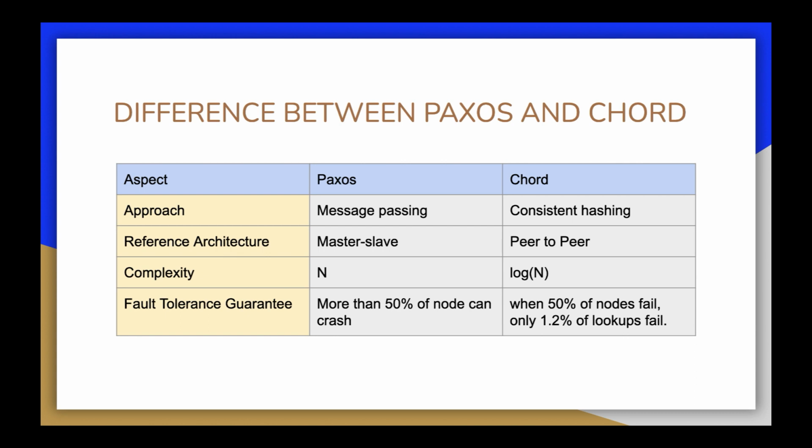The complexity of Paxos is O of n, while Chord converges to logarithmic of n. For what concerns fault tolerance, in Paxos more than 50% of nodes can crash and we can tolerate this, while in Chord when 50% of nodes fail, only 1% of lookups fail, so this is a very good property.